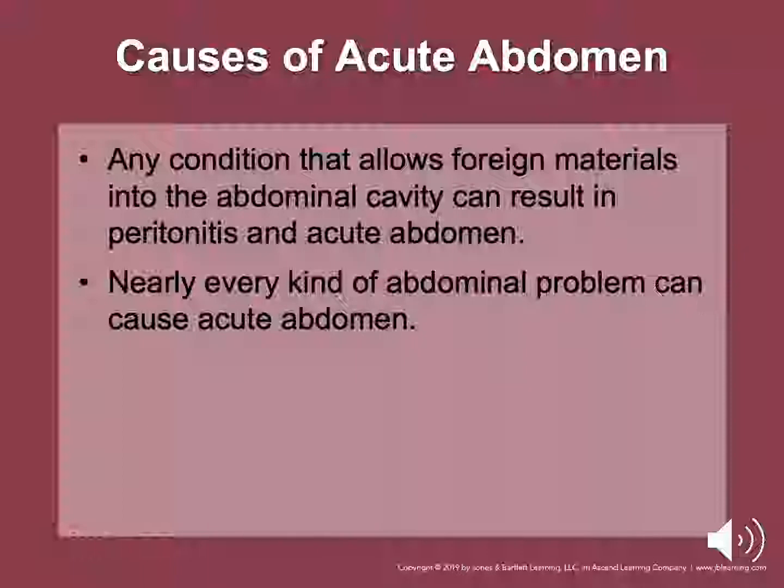Any condition that allows pus, blood, feces, urine, gastric juice, intestinal contents, bowel, or pancreatic juice, or other foreign materials to accumulate within or adjacent to the abdominal cavity can cause peritonitis or acute abdomen. The retroperitoneal organs can also lead to acute abdomen.